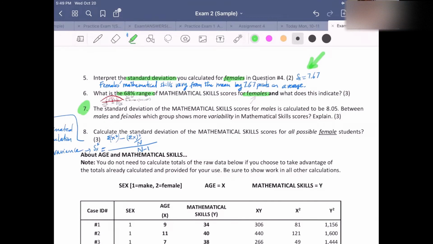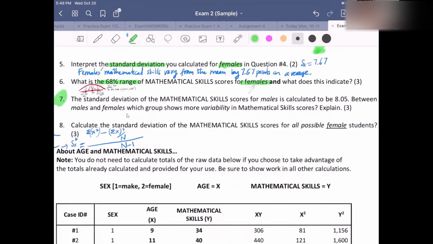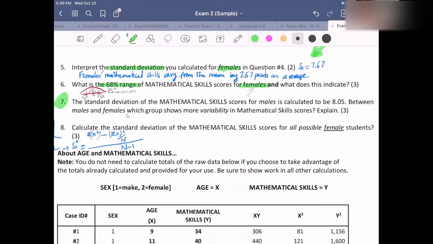The standard deviation of the mathematical skills scores for males is calculated to be 8.05. Between males and females, which group shows more variability in mathematical skills scores? Explain. All right. Thank you. So I'm going to give you a minute to try this one. Go ahead and try it first and type the answer in the chat for me.